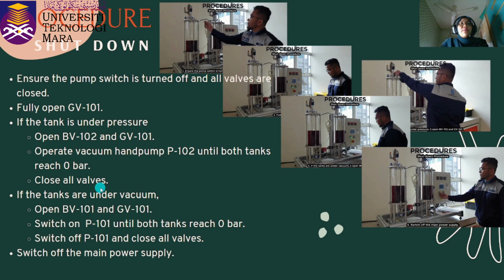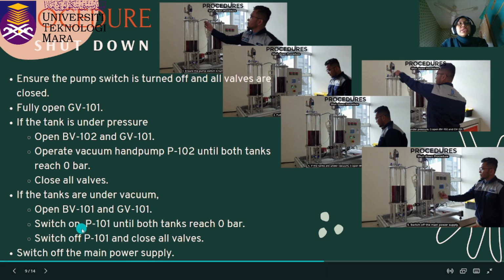Close all valves. If the tanks are under vacuum, both BV101 and GV101 need to be open. Switch on P101 until both tanks reach 0 bar. Switch off P101 and close all valves. Switch off the main power supply.